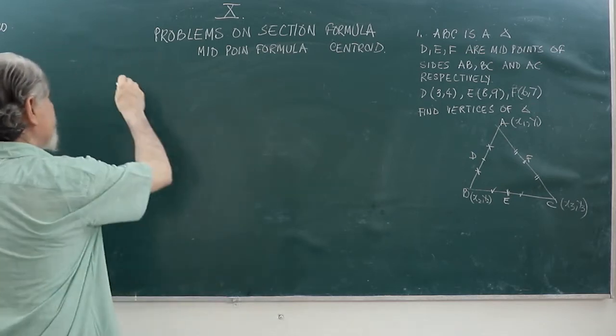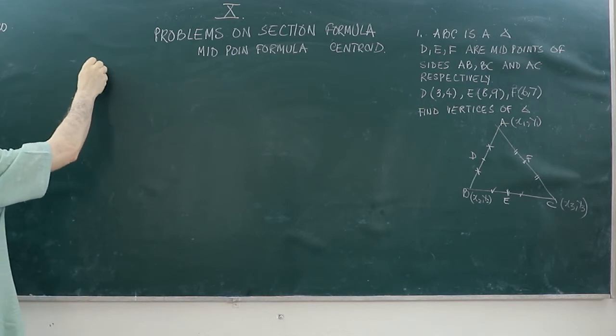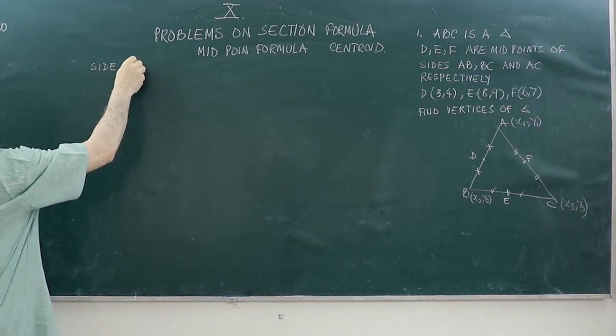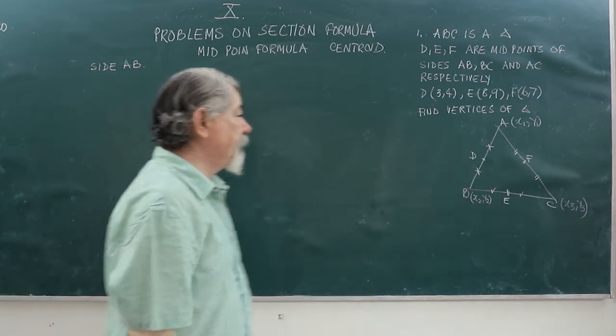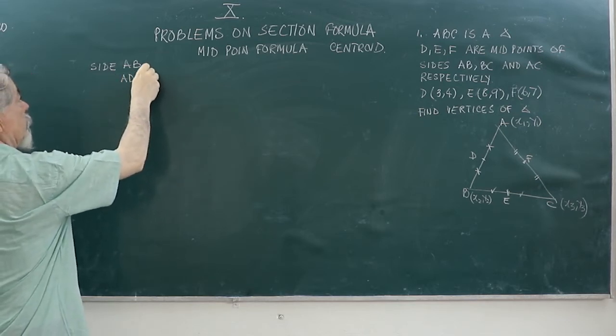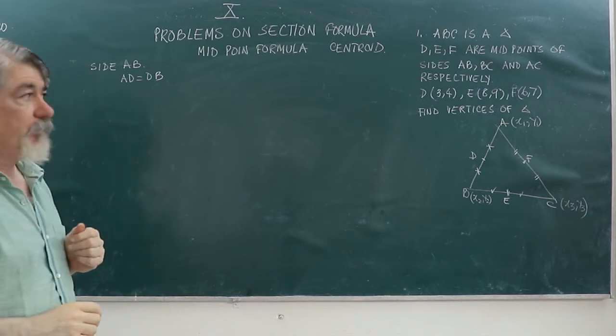Now I will take a side, for example AB. We know the midpoint D. D is the midpoint because it is given that AD is equal to DB. So let us apply the midpoint formula.